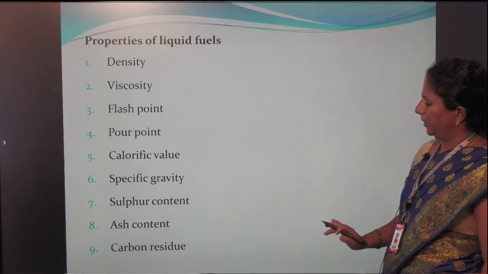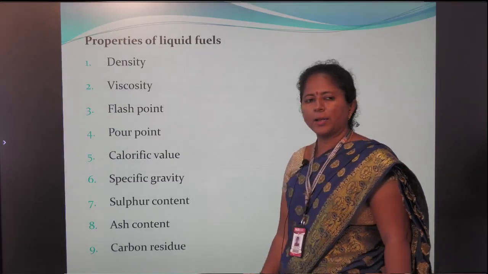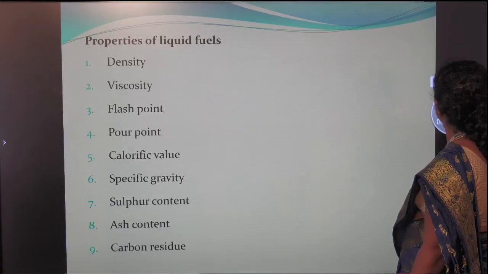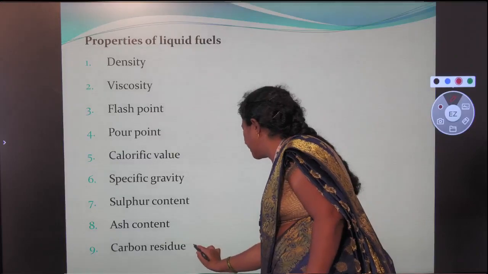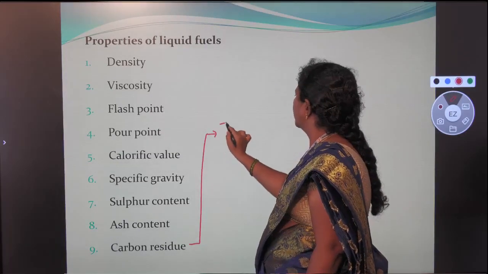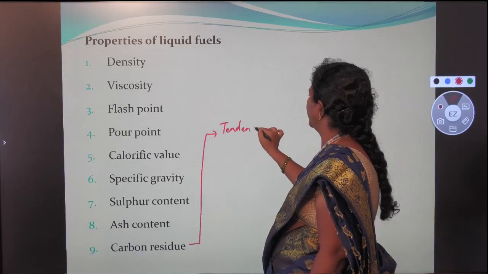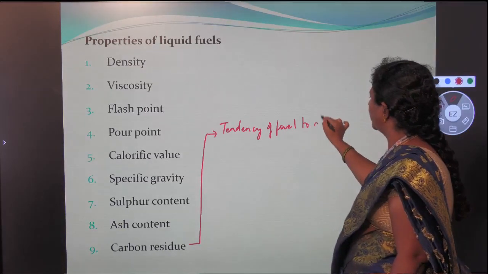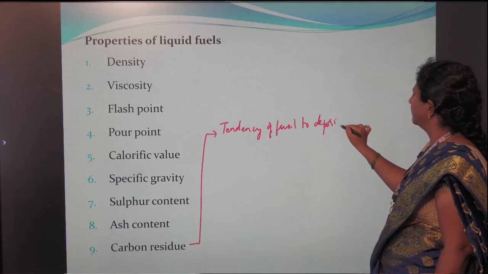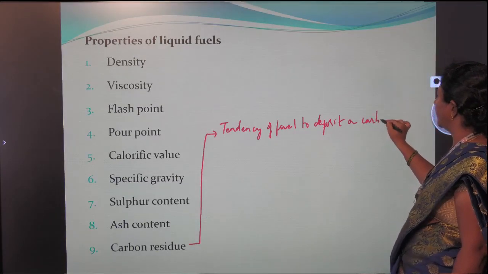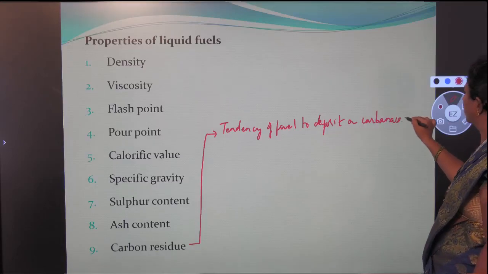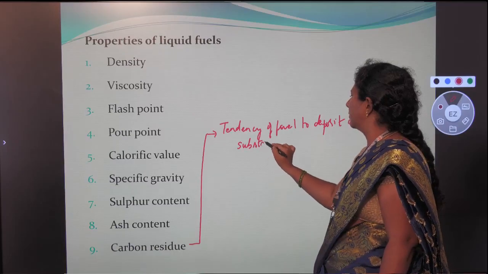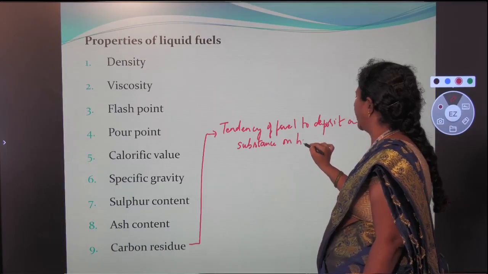And the ninth property is carbon residue. Carbon residue means it is the tendency of fuel to deposit a carbonaceous substance on hot furnace.